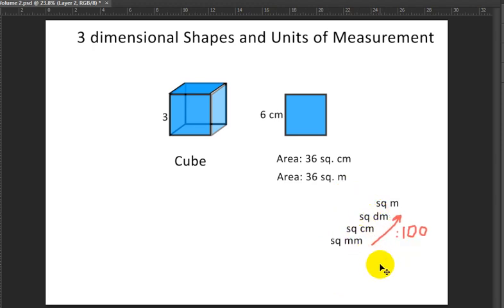we multiply, and for each step, we multiply by 100, right?